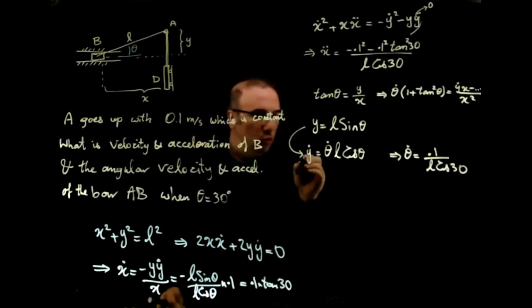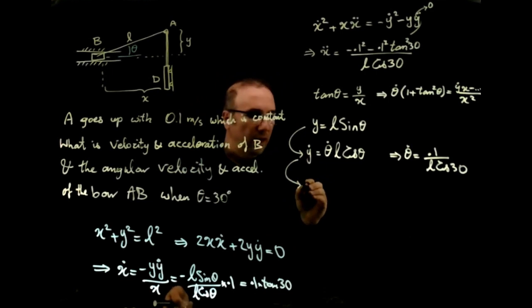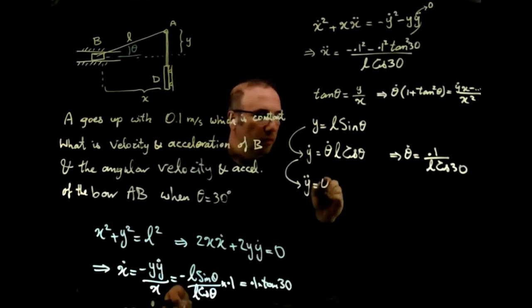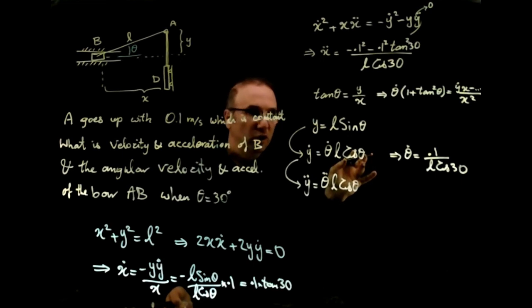And then we can do another derivative of this one. I will get y double dot equals theta double dot L cosine theta, and then keep this and take the derivative of cosine theta again. Theta is a function of time, so the derivative of that is theta dot negative sine theta.